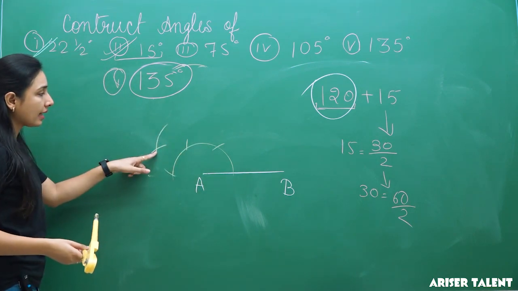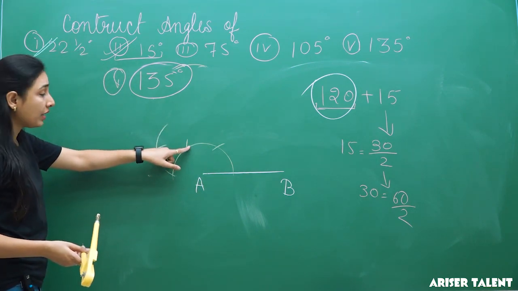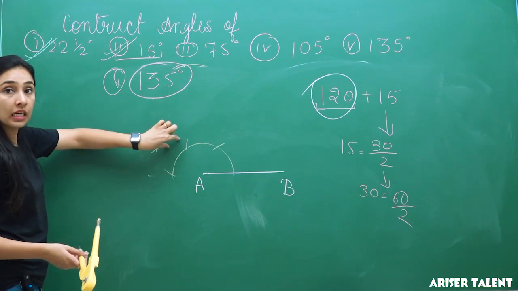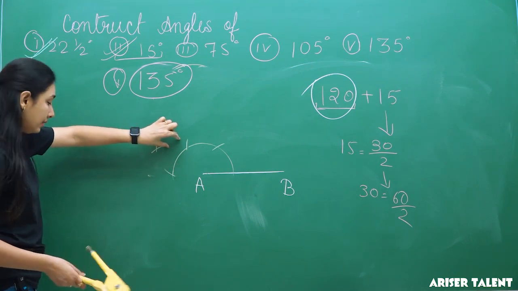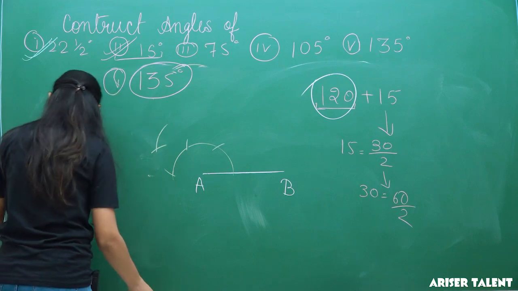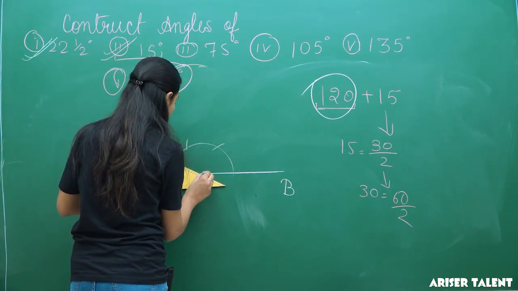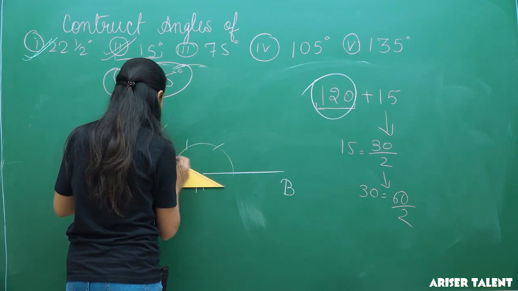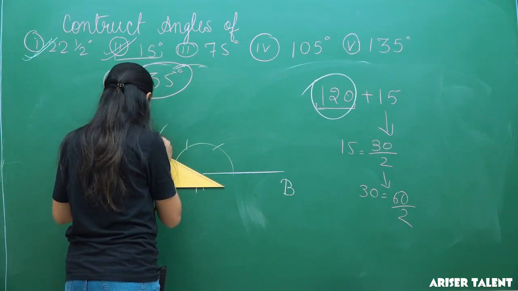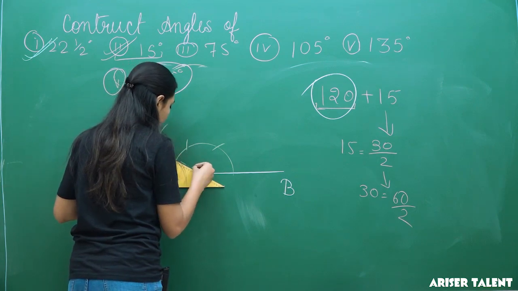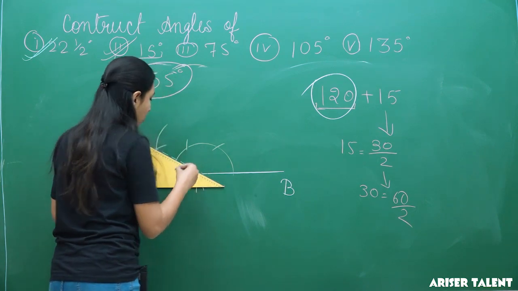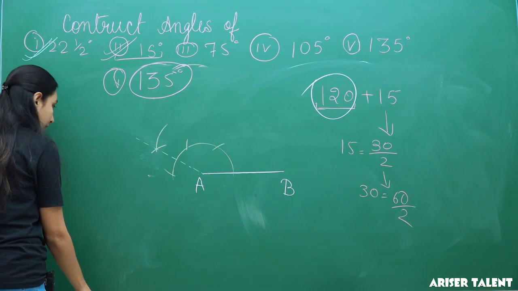This is 120 degree, plus half of that, which is 30 degree. We meet these two points with dashed lines, because this is not the angle we want.